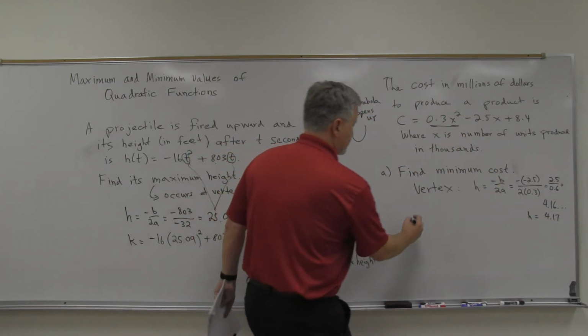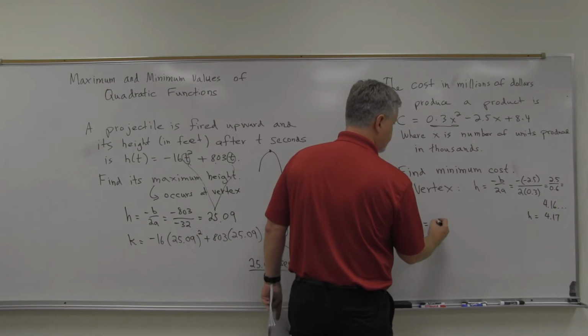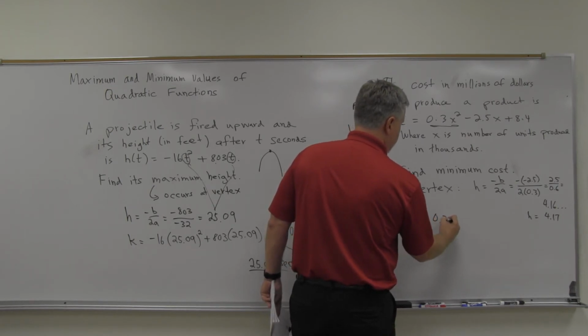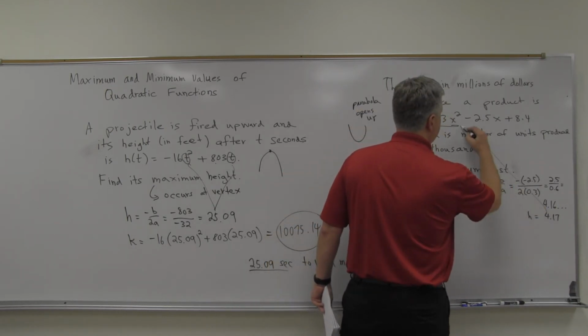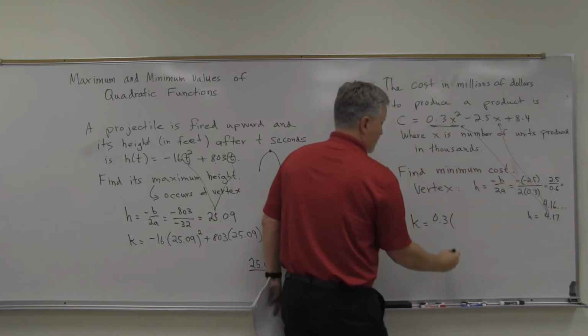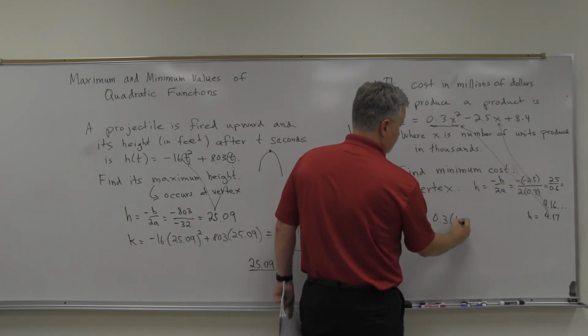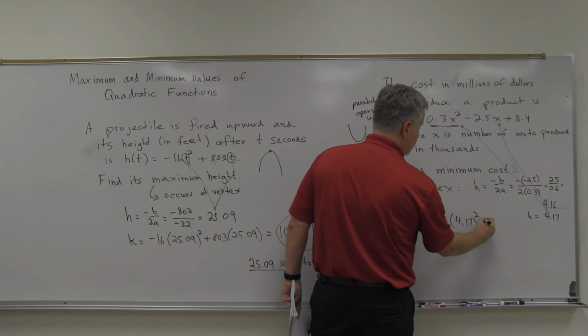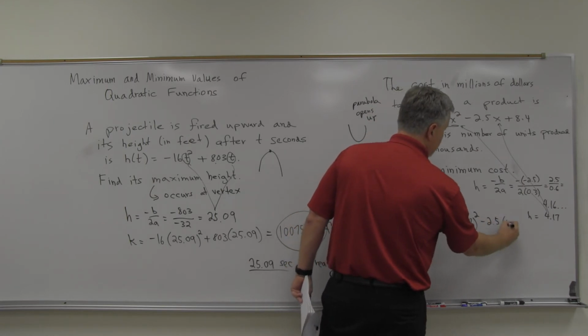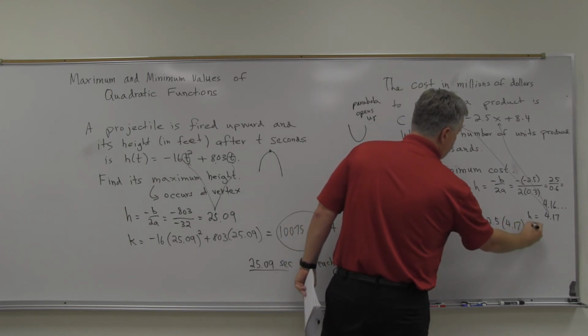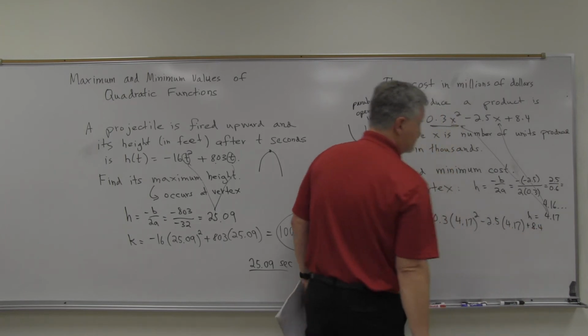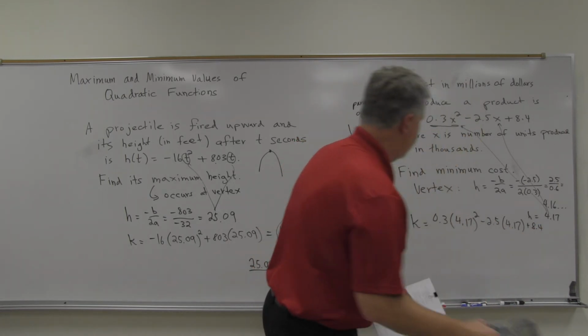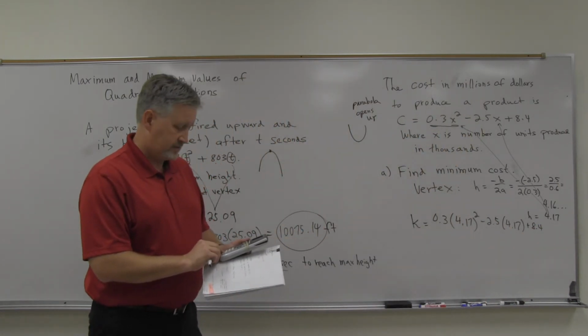So then the k is 0.3, plug that in for the x: 0.3 times 4.17 squared minus 2.5 times 4.17 plus 8.4, which should give us enough accuracy.